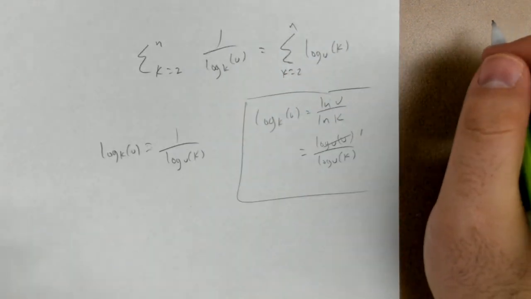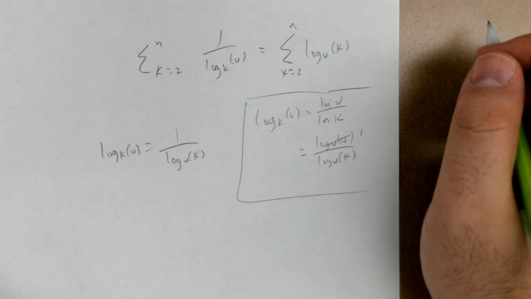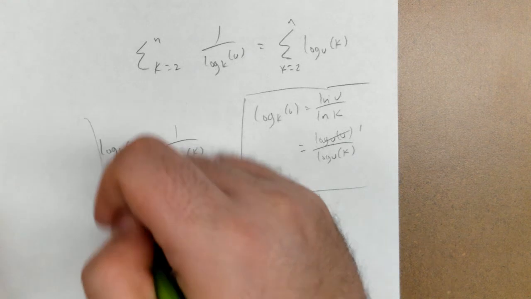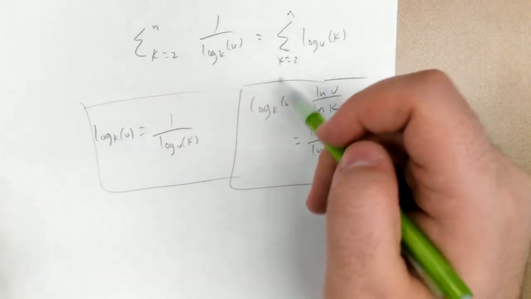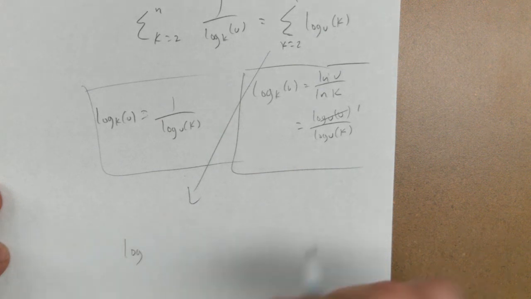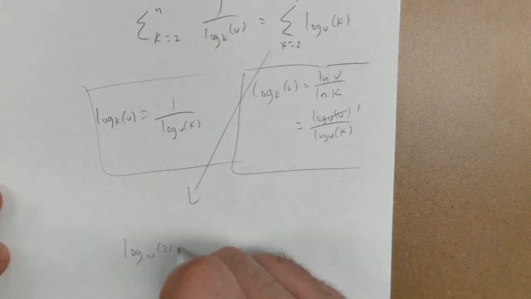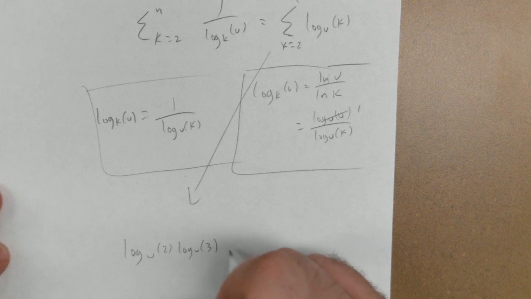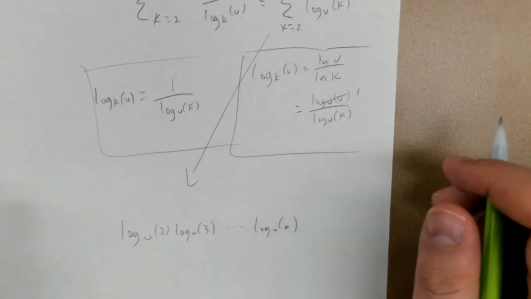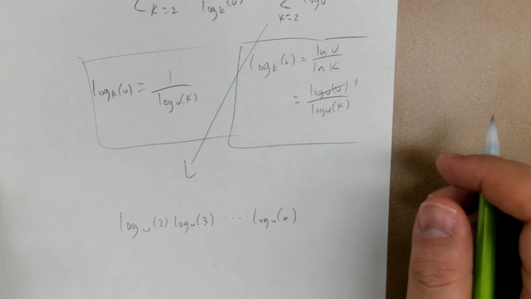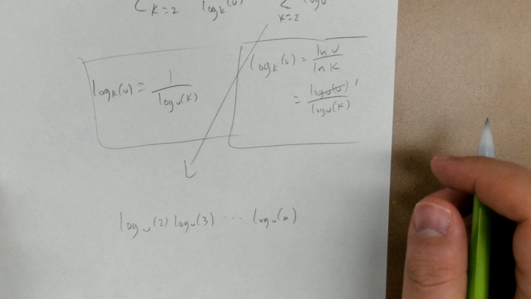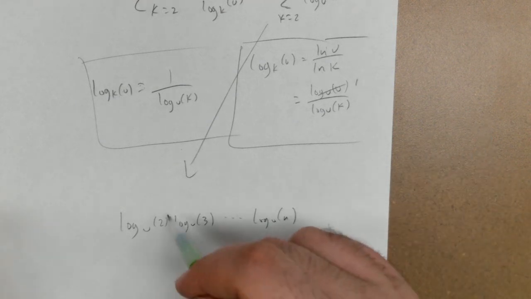Now, when you think about how to multiply this out, well, so this was just our scratch. Let's multiply this out. It's going to be log base u of 2, log base u of 3, log base u of n. And the advantage of getting rid of that denominator is now, when you think about this, this is just going to be a logarithm trick, right?